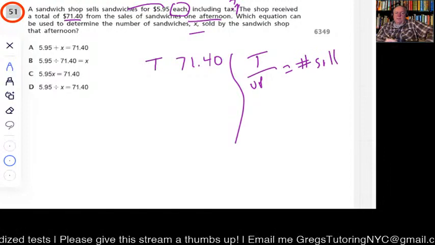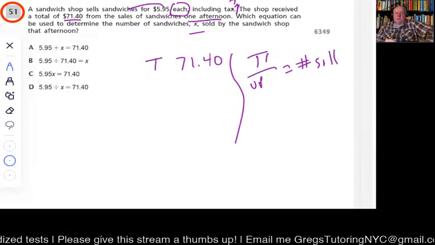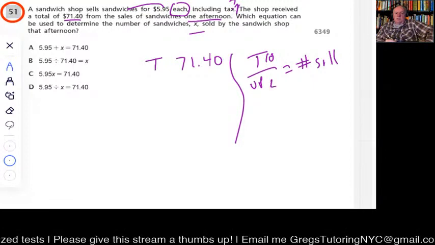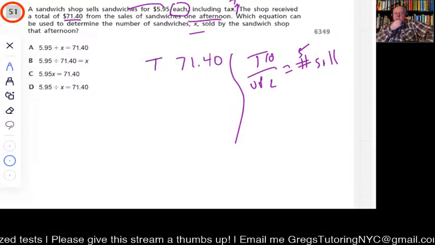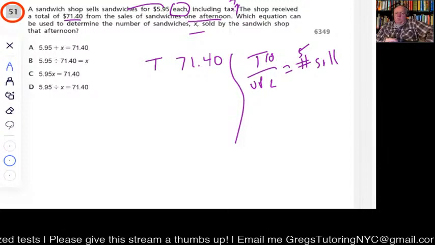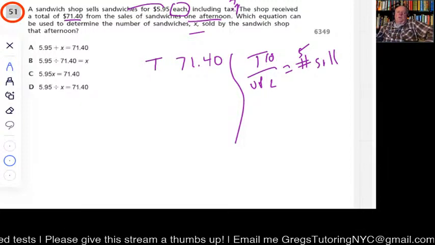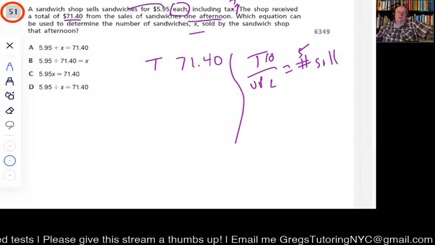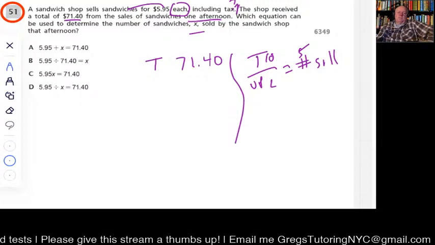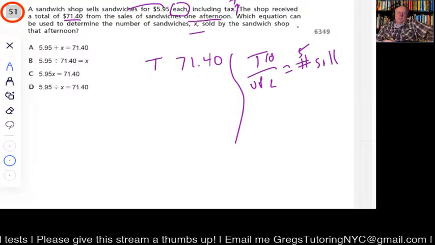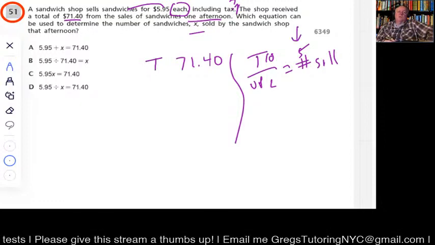So if a sandwich was $10 and the price per sandwich, the unit price, was $2, doesn't that mean I sold 5 sandwiches? Again, we're using what we know. We're avoiding the question for a while and taking a sidebar. And I'm suggesting you guys actually do this. We've seen this example before; I just use simple numbers.